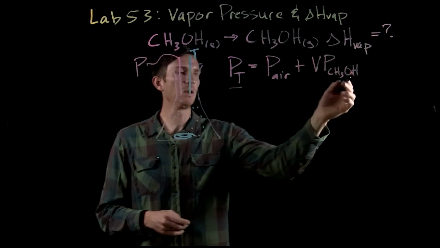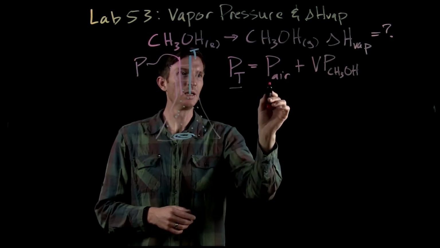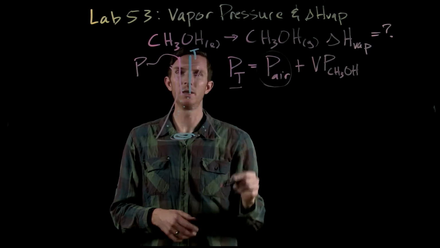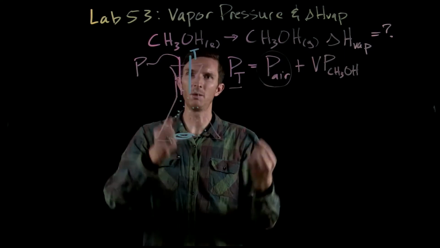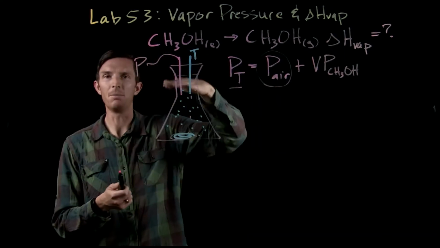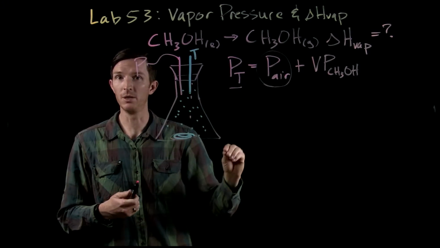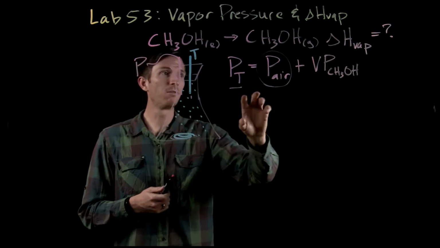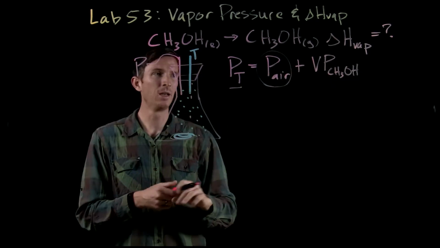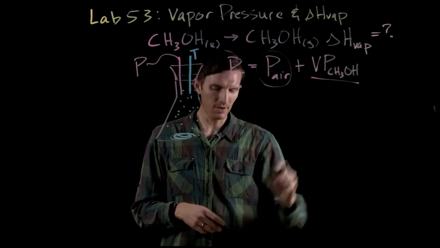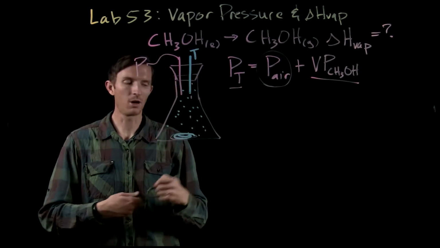So this piece is going to contain both of those two. This pressure here is the pressure of the air that was originally in there before we added our methanol. Because if we cap it off, we've set that pressure that we're going to be dealing with. Well, we really just care about the vapor pressure of our methanol.